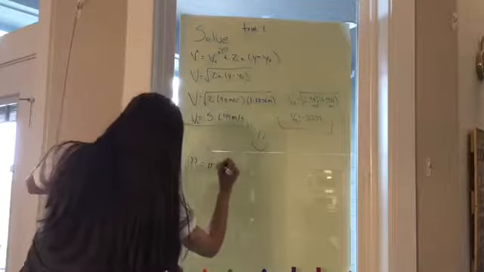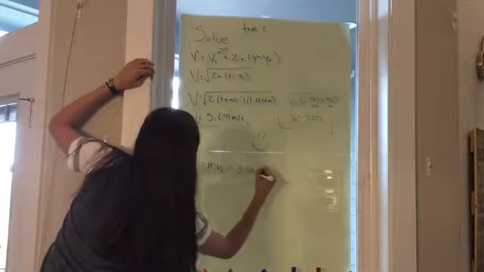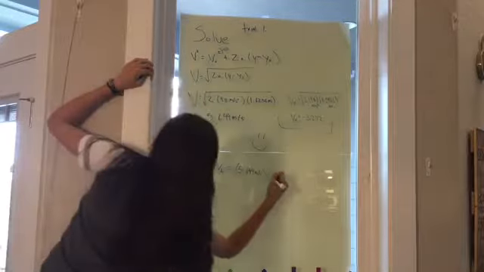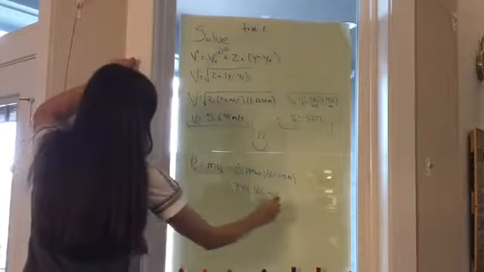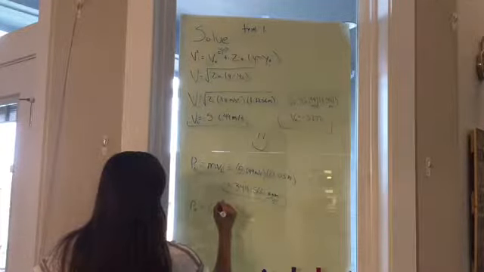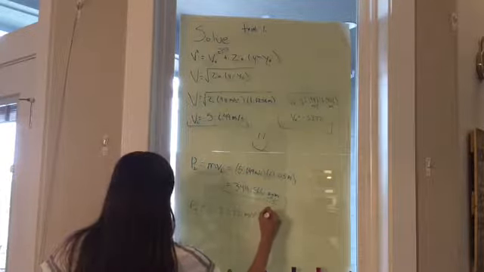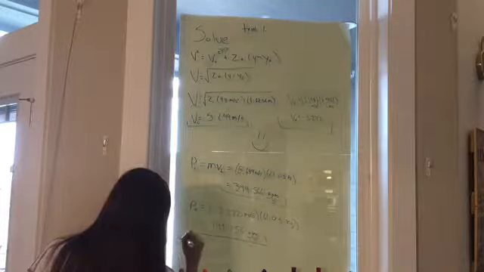Now we are solving the momentum of his downward motion before he reaches the trampoline. We plug in his mass and downward velocity to the momentum equation, which gives us a momentum of 344.6 kilogram meters per second. To solve for the momentum as he leaves the trampoline, we plug in his upward velocity to the same equation to get a momentum of negative 199.8 kilogram meters per second.